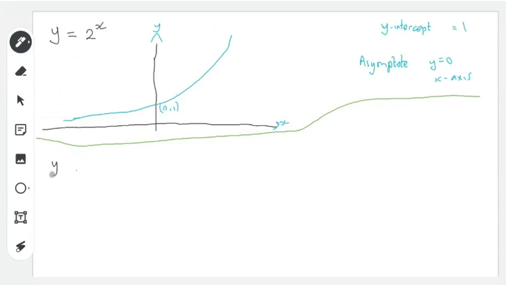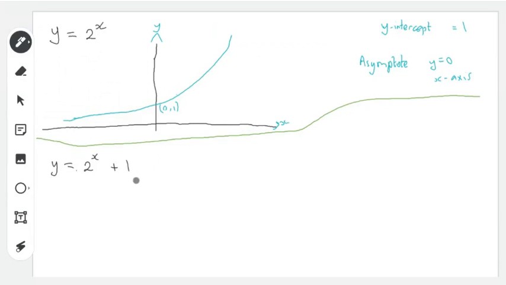Imagine we have y equals 2 to the power of x plus 1. Wait, which one are we on? The first slide. So we've got y equals 2 to the power of x plus 1.